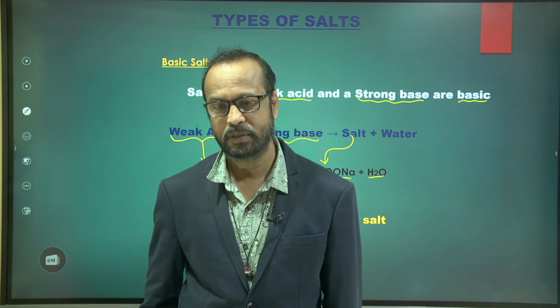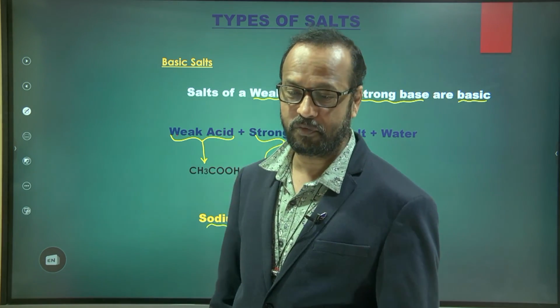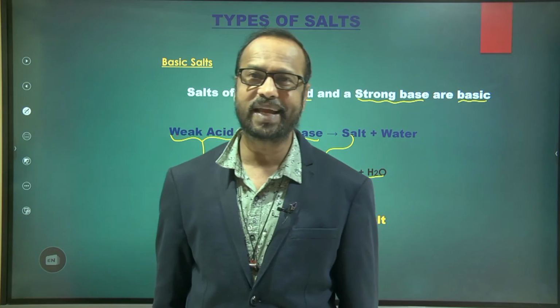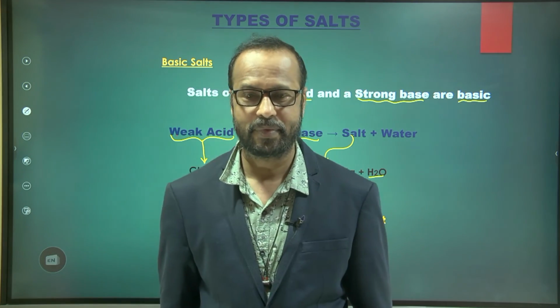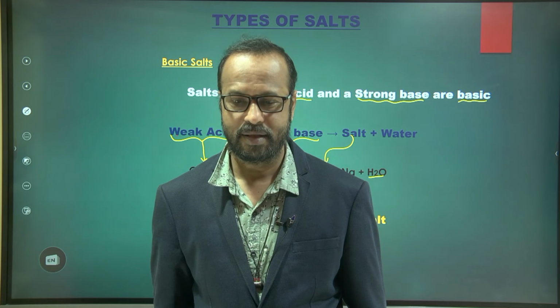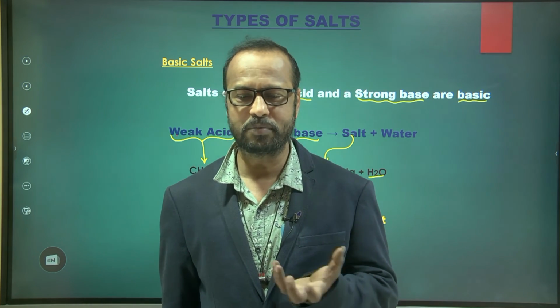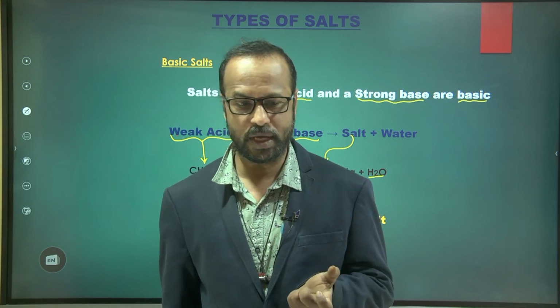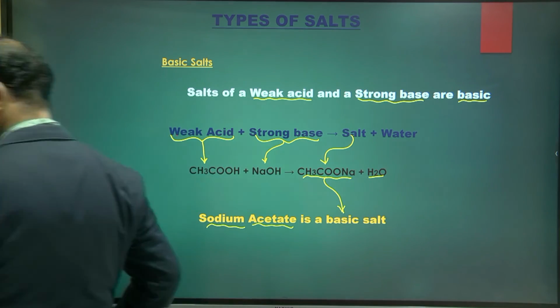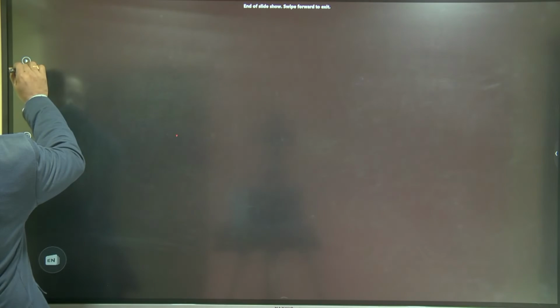Then which salt is formed? Basic salt. Of course, if both acid and base are weak, a weak acid reacting with a weak base, then neutral only, because both have the same strength, this also weak, that also weak. Okay, so that's all. Is this clear to you, the types of acids and bases?